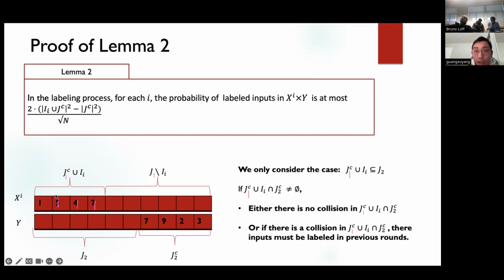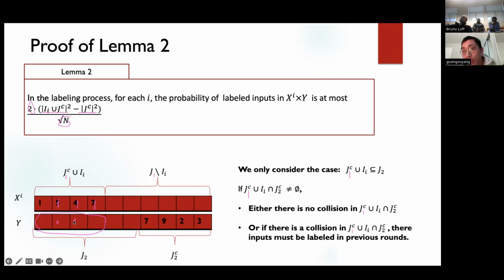Right, the size of ij union j complement squared minus the size of j complement squared. You mean the maximum number of new pairs that you can possibly add, that still need to be checked for collisions. Yeah. And for each pair, the collision probability is small by the min-entropy condition. They have high min-entropy on this side, then on the Y side they have high min-entropy. I see, so this is small. It is 1 over square root n for each pair.